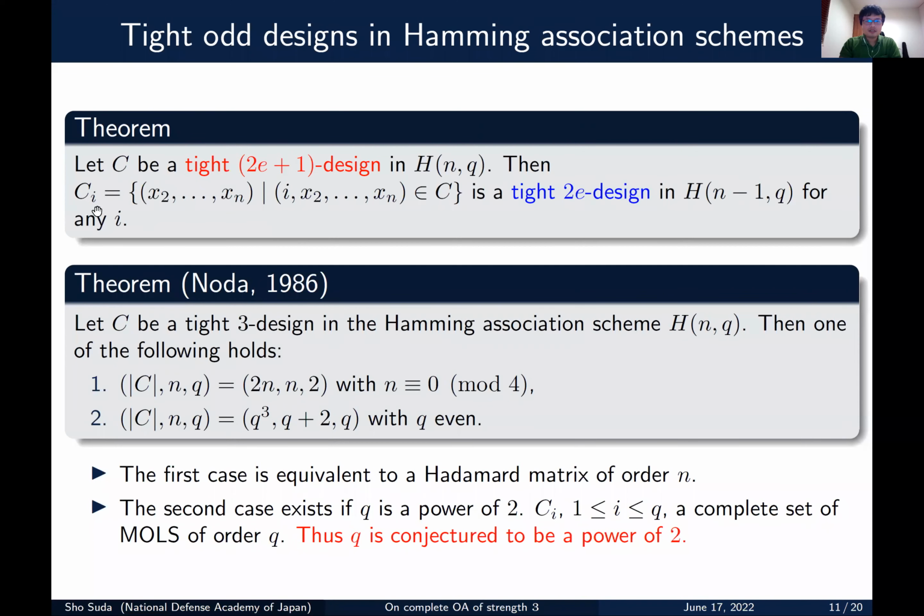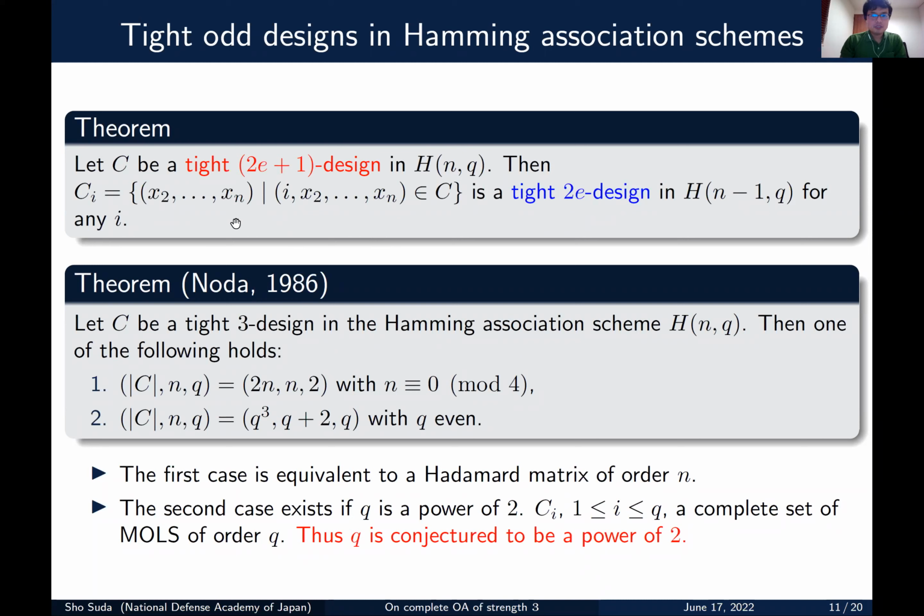This C_i is a type 2E design in H(n-1, Q). So the length is 1 smaller than the original one. Using the non-existence result for derived type even designs, we also have a non-existence result for the original type of design.